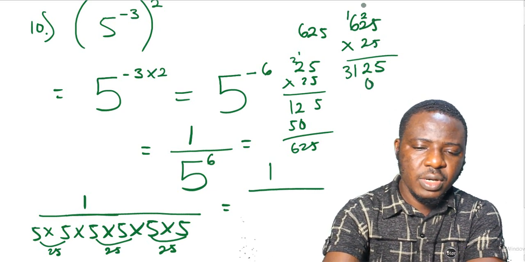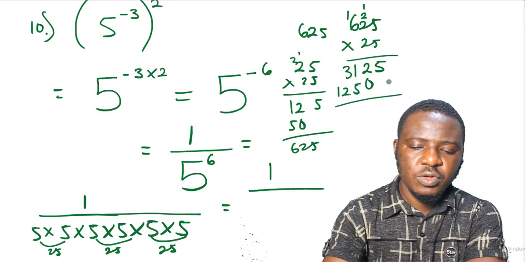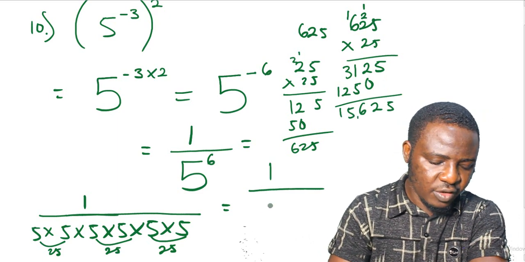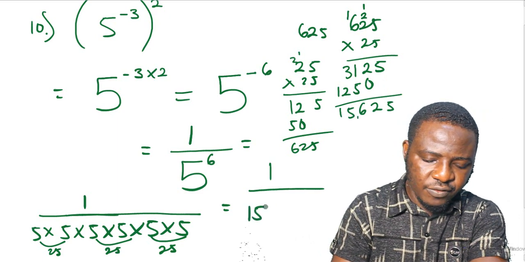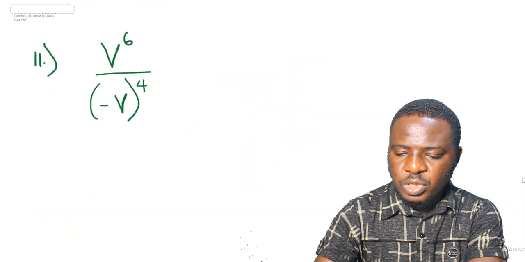You write down 0 and carry 1. 2 times 2 is 4 plus 1 is 5. 2 times 6 is 12. So this becomes 15,625. So this can be simplified to 15,625 as your answer. Question 11.